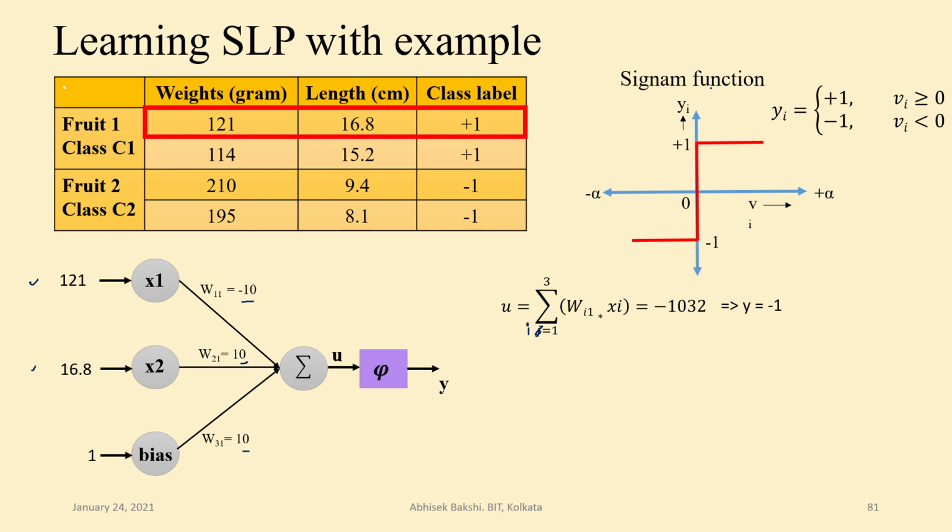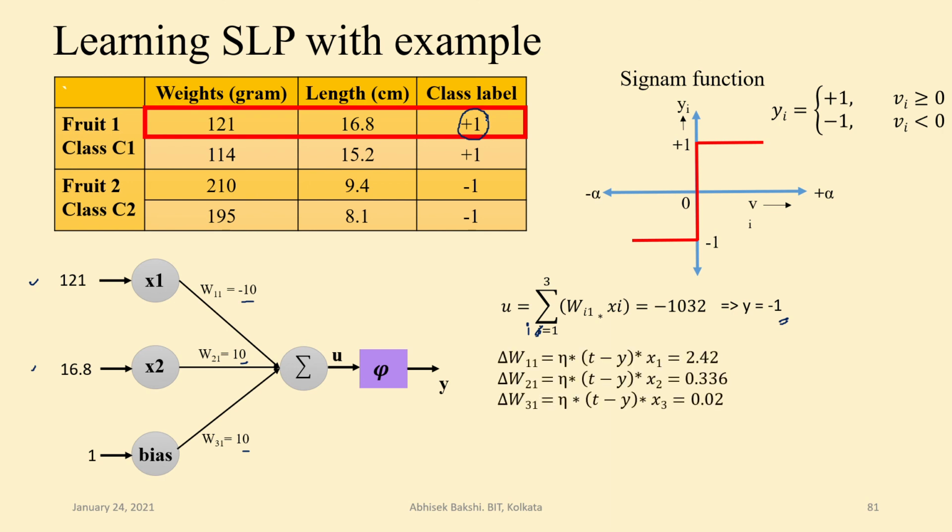By definition, if the input is less than 0, the output is -1. So here the output y is -1. But for this particular fruit, the class level is +1, so the difference between these two is the error.